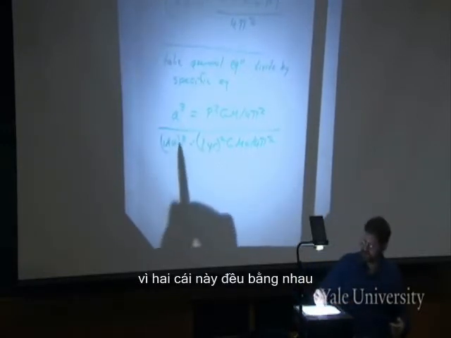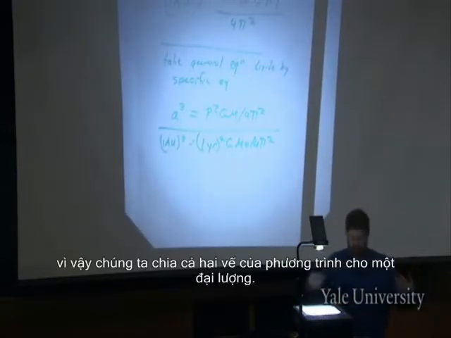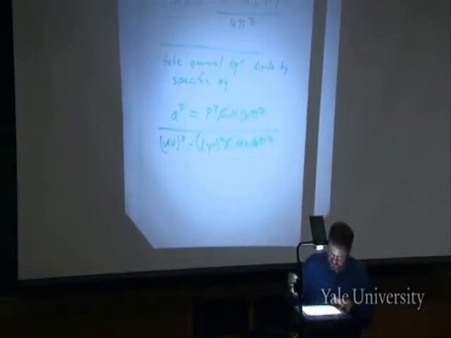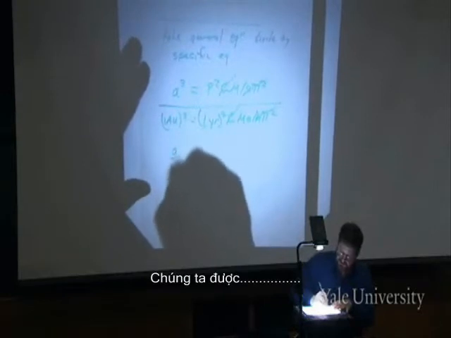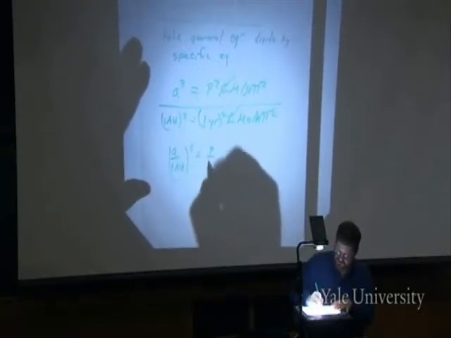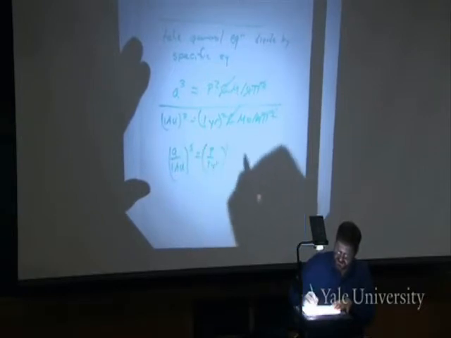We can do this because these two things are equal, so we're dividing both sides of the equation by the same amount. G cancels, 4 pi squared cancels, that's very nice. We end up with a over 1 AU cubed equals P over 1 year squared, M over the solar mass.